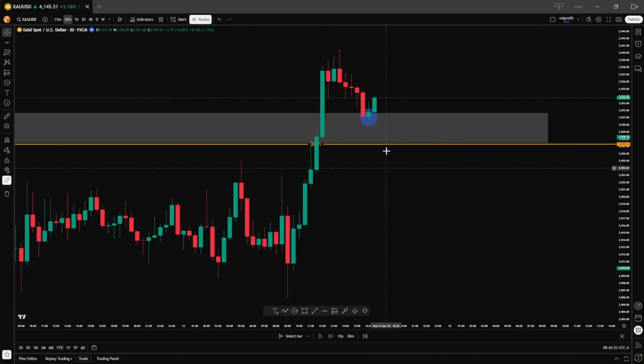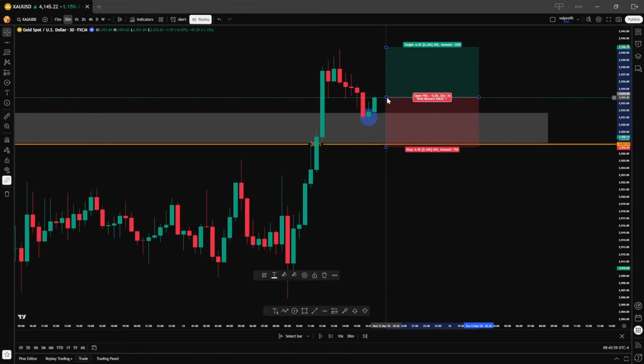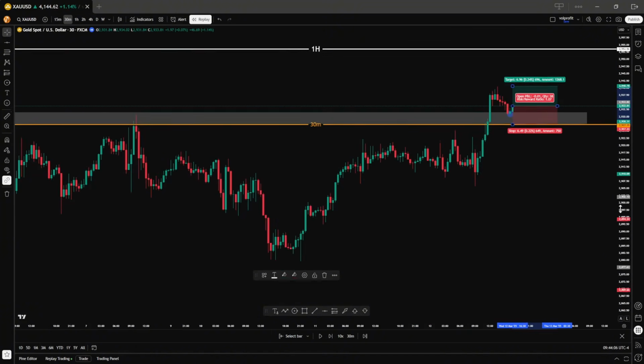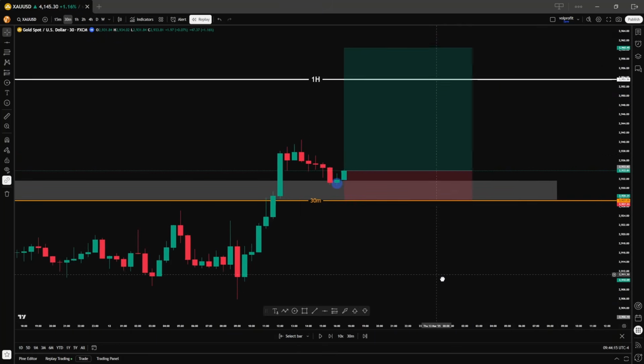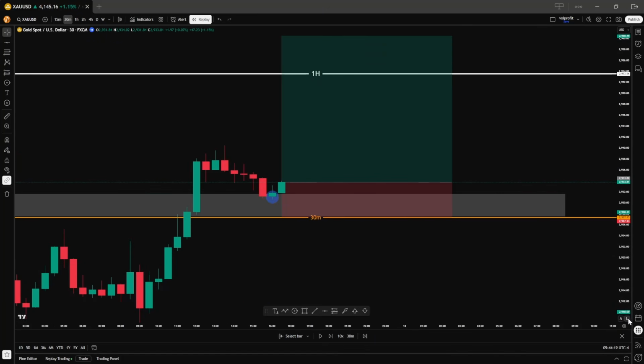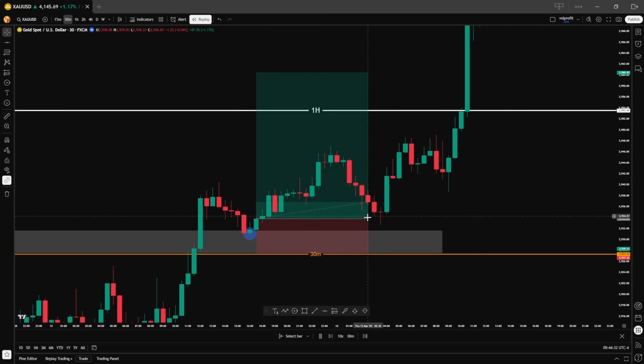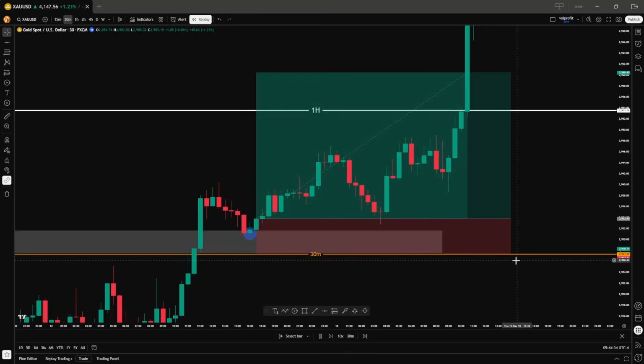We get a pullback, see an engulfing confirmation, enter the trade, set the stop and target 1 to 4. And again, target hit.